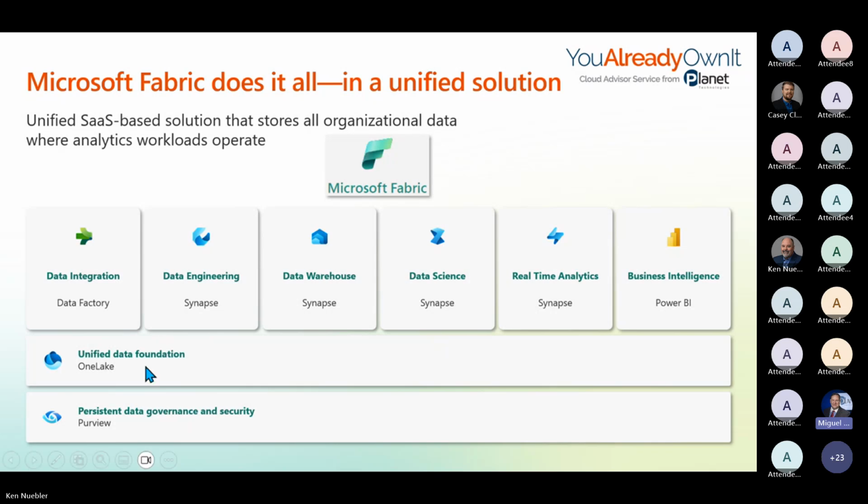So you will not have more than one Fabric tenant per Entra ID or Azure Active Directory tenant. What's also very important is that each tenant, by default, no matter what, has a OneLake. And that OneLake is like a shared data lake or lake house within the entire organization. Now, everyone's going to start freaking out because, oh my goodness, how do I ensure that it's secure and everything else?